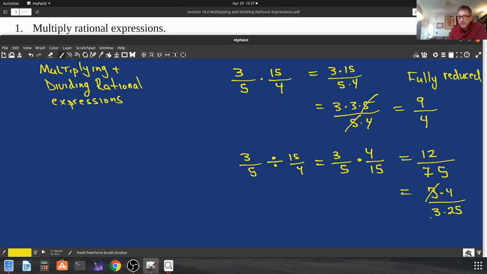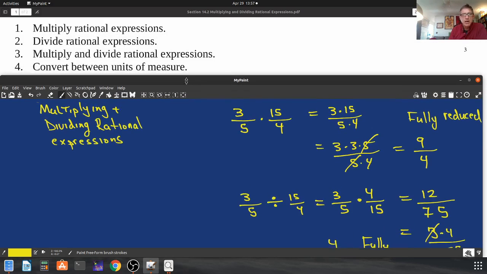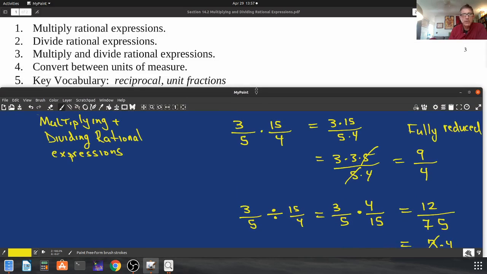So I can cancel out the 3, and the end result is 4/25, and that's fully reduced. So we're going to be doing the same thing, except instead of numbers, we're going to be looking at rational expressions. I'm going to give you one other example.